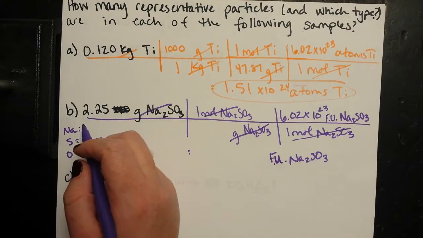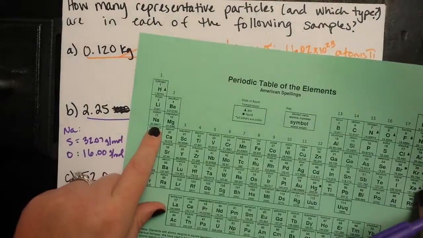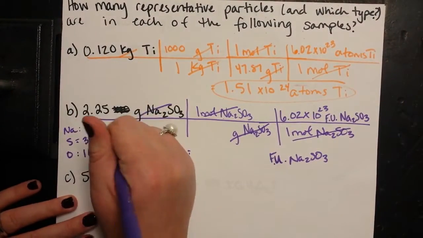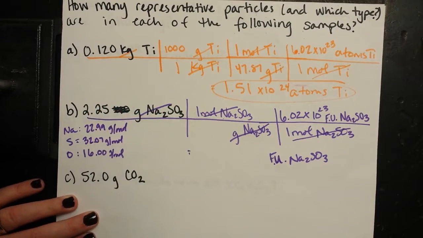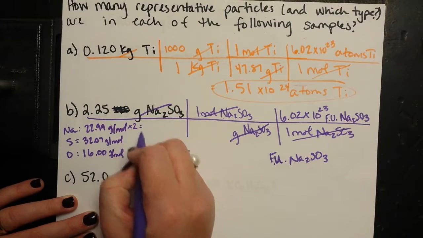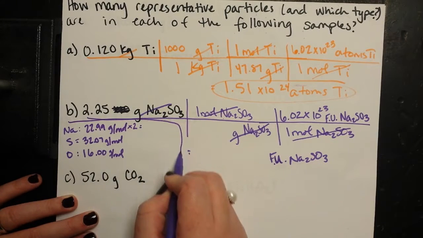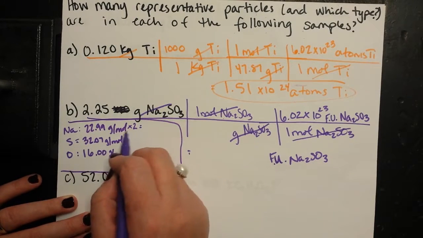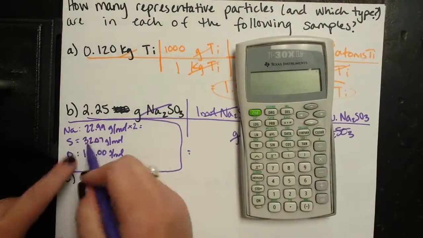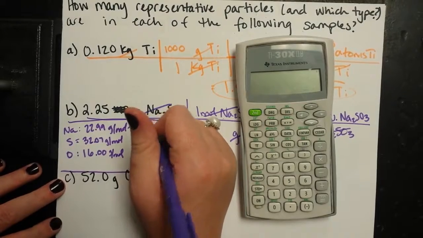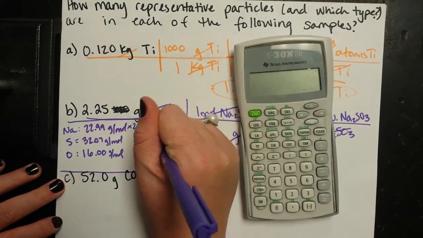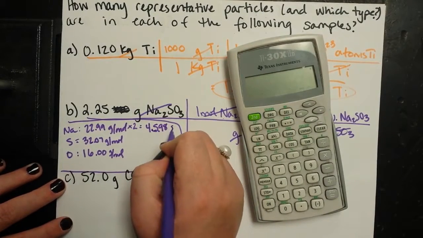Sodium has a mass of 22.99, and you can see that on the periodic table as well. Since we've got 2 sodiums in our formula, 22.99 times 2 is about 23 times 2, so 46, so 45.98 grams per mole.